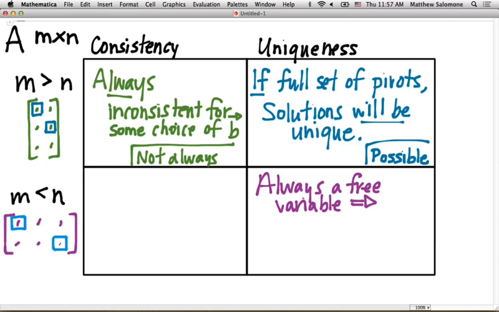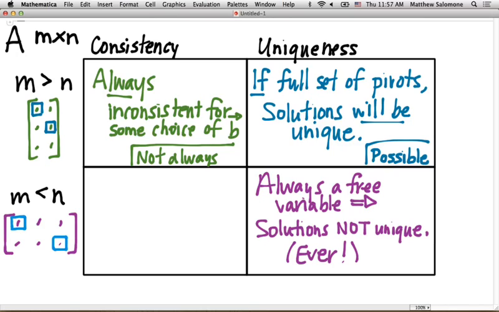So what does that mean about our solutions? Not unique. Not ever unique. Because in order to be unique, we need a pivot in every column, and there just aren't enough columns for that in a matrix which is wider than it is tall. So uniqueness is an impossibility for these.